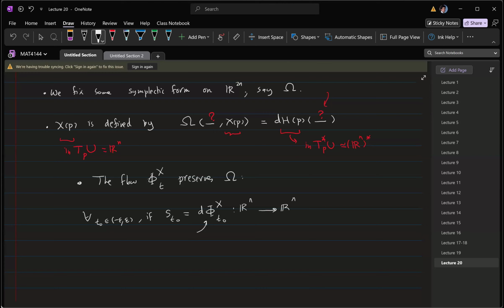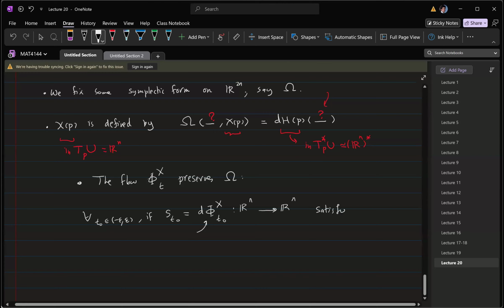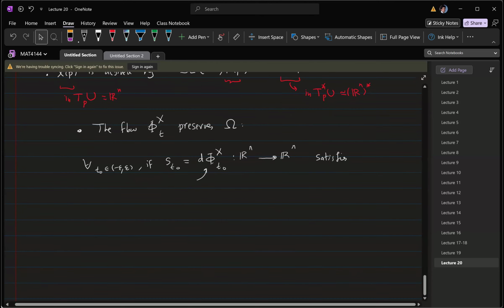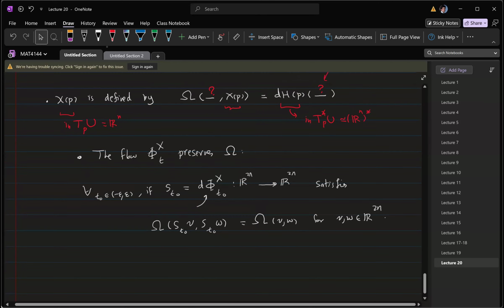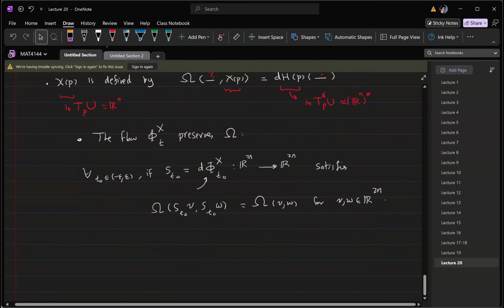One can see that this linear transformation S_t0 satisfies the relation: omega of S_t0 v, S_t0 w equals omega of v, w. Here I should have 2n because everything is happening in 2n dimensions, so this is for v and w in R^2n. So what does it mean about the derivative? Where does it come from?